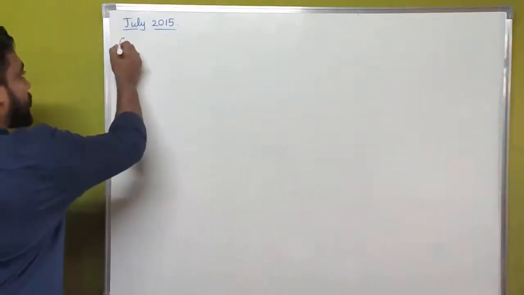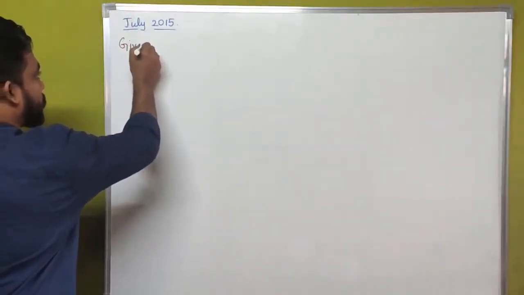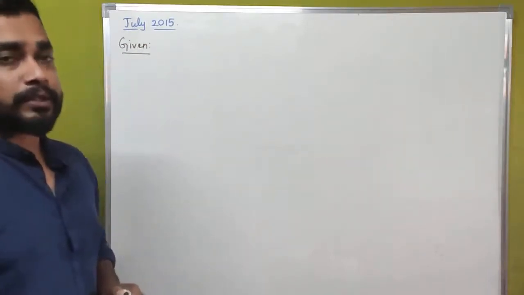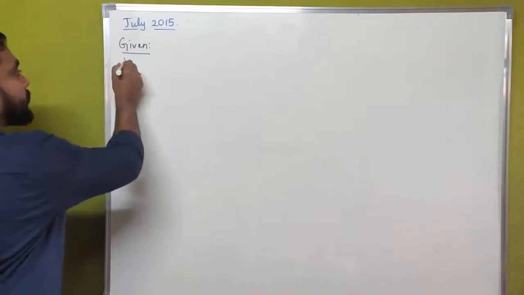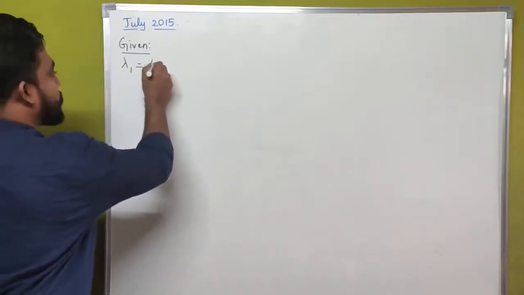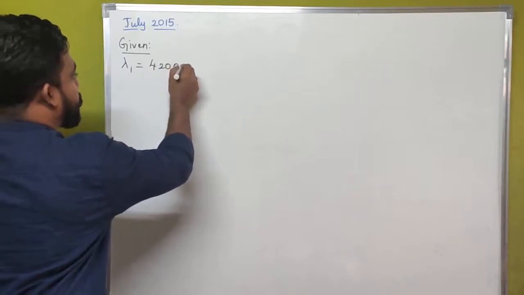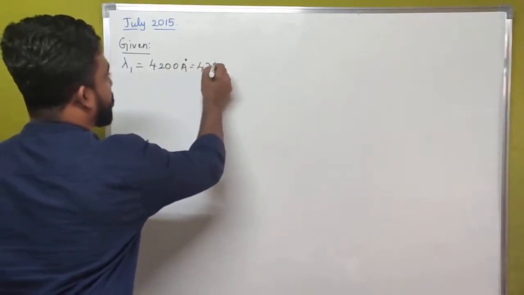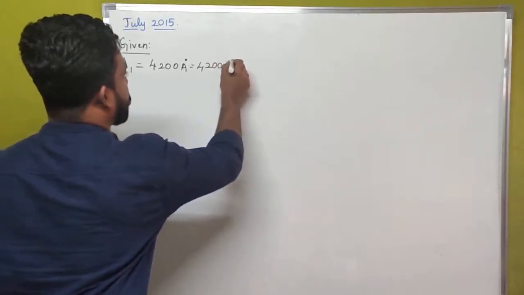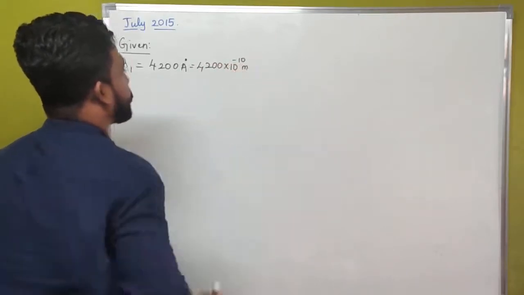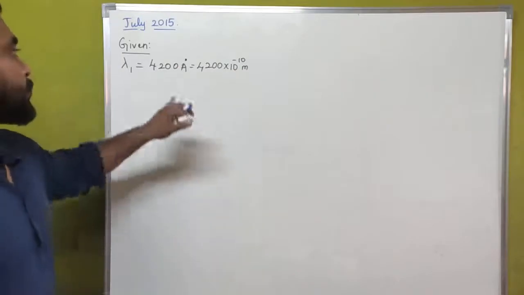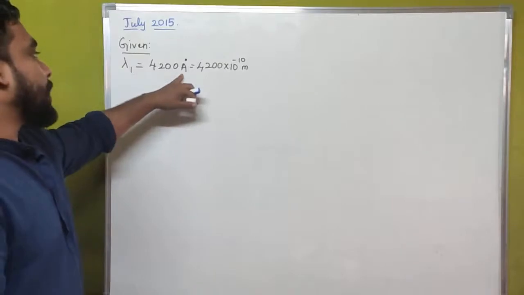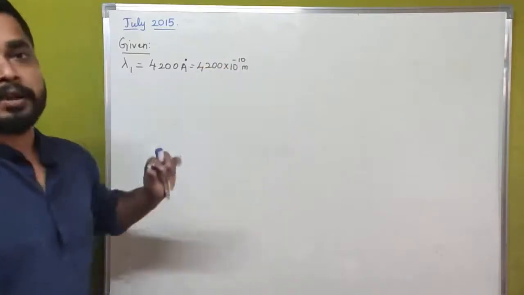The given data are: actually, he has given two different wavelengths. Let us consider those wavelengths as lambda 1 and lambda 2. Lambda 1 is 4200 Angstrom, that is 4200 into 10 to the power of minus 10 meter, since Angstrom means 10 to the power of minus 10 meter.